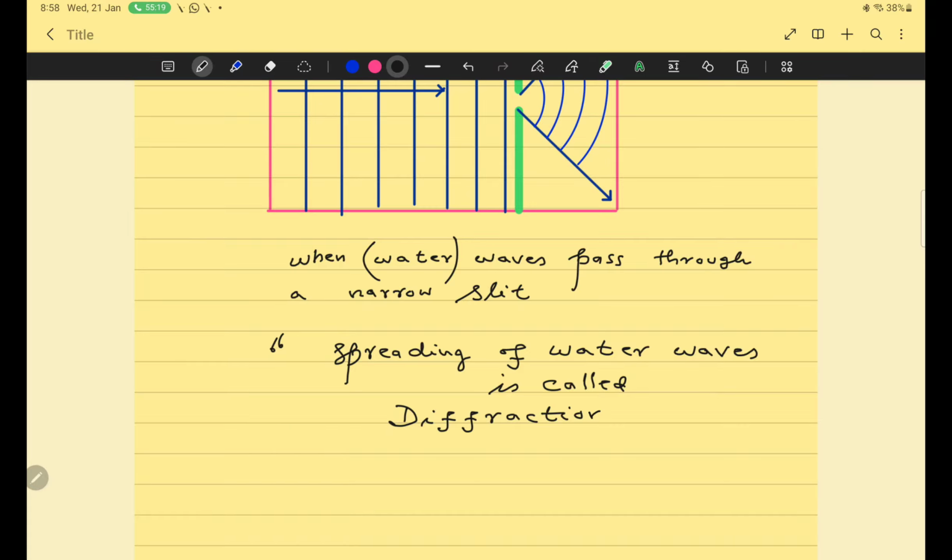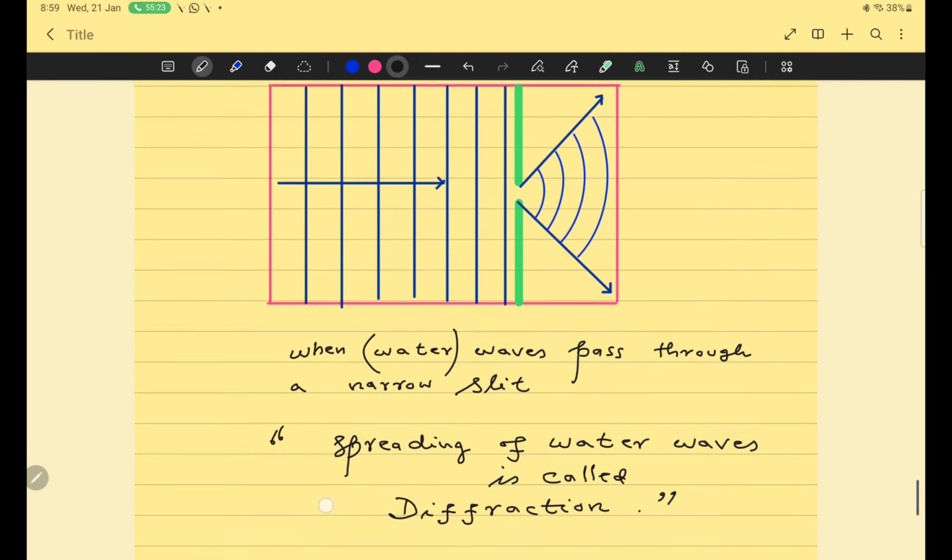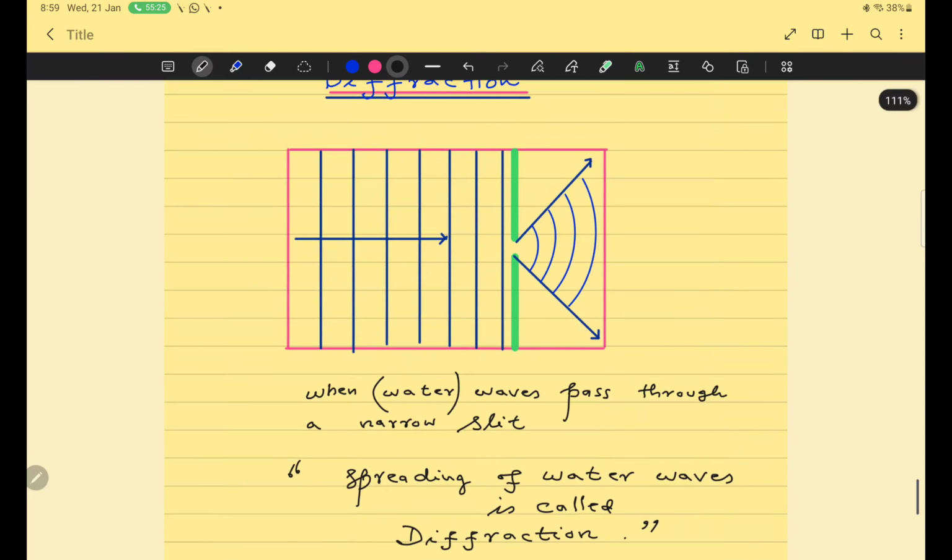The spreading of water waves is called diffraction. This is spreading.